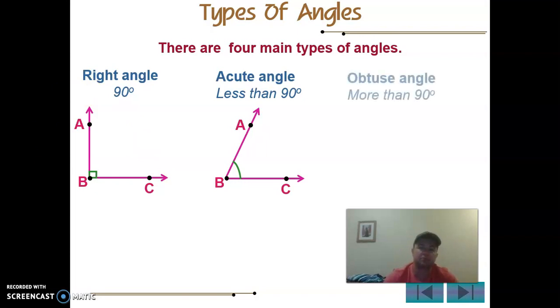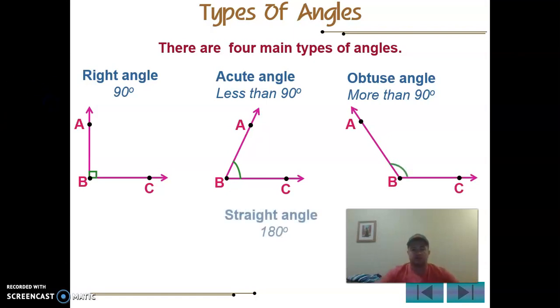And then we have obtuse angles, and those are the angles that are bigger than 90. And then we have straight angles, and those are the angles that make a straight line. Okay, so those are the four main types. But in those types, they have special names.